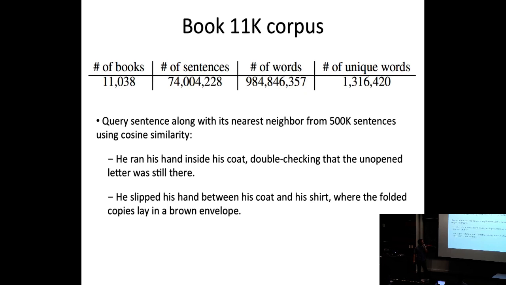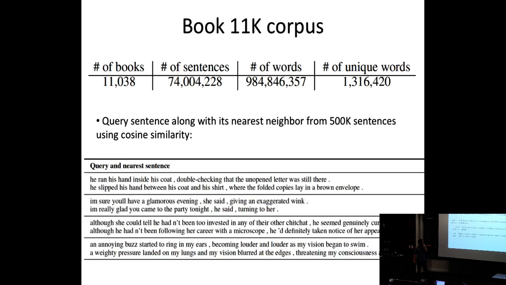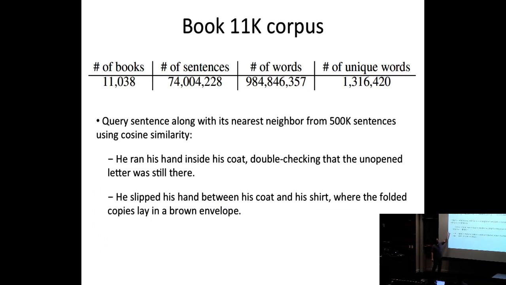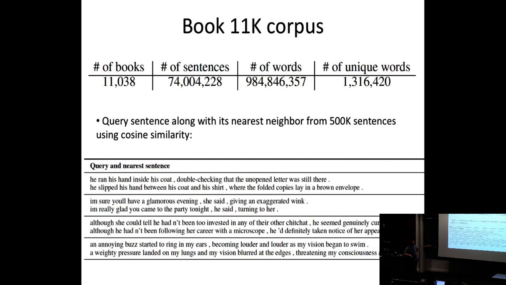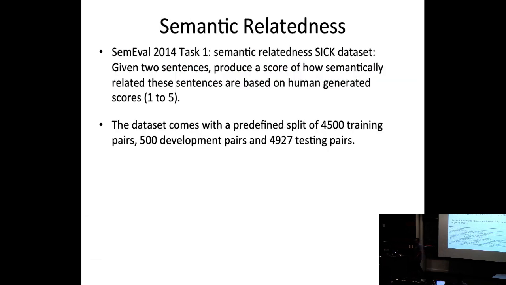This is the closest sentence: "He slipped his hand between his coat and his shirt, where folded copies lay in a brown envelope." If you look at these two sentences, they're not exactly the same, but semantically you would argue that they're somewhat similar. These are some other examples: "I know, I'm sure you'll have a glamorous evening, she said, giving an exaggerated wink." "I'm really glad you came to the party tonight, he said, turning to her." So you can see that this is just the retrieval of sentences, and in many cases it actually works pretty well.